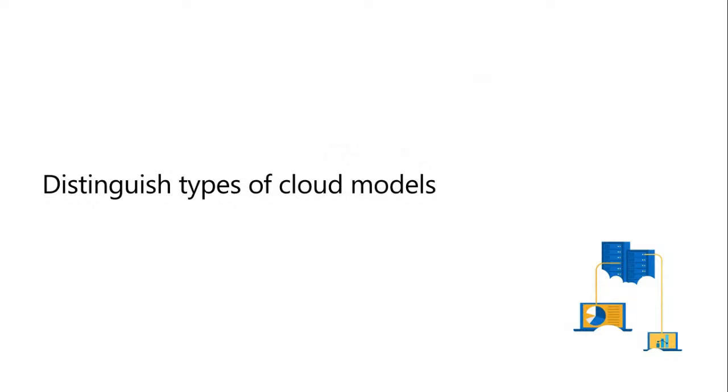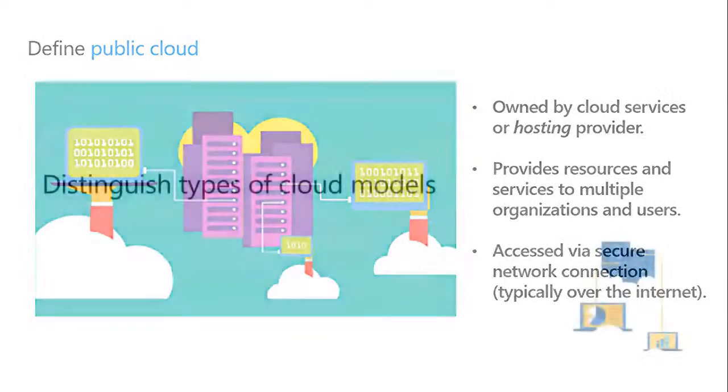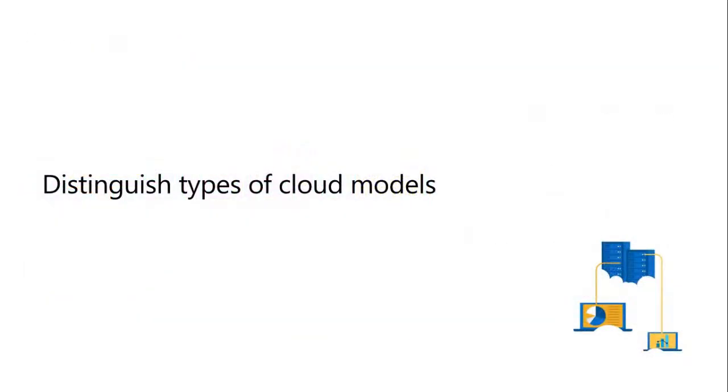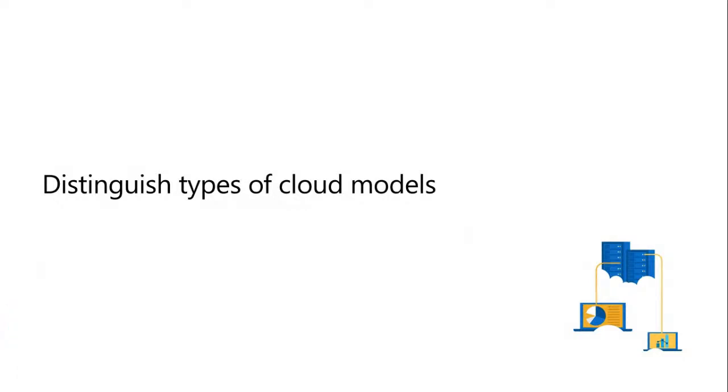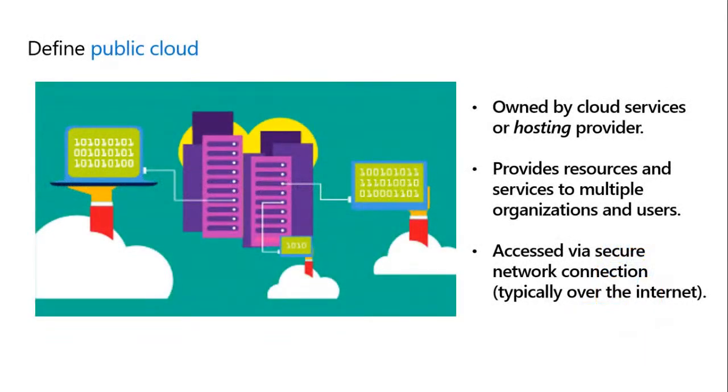Then about different types of cloud models, we have three types: public cloud, private cloud, and hybrid cloud. What is a public cloud? A public cloud is a cloud run by cloud providers.